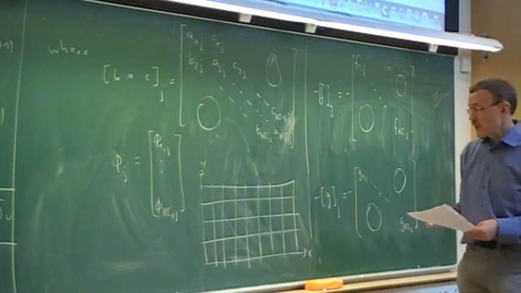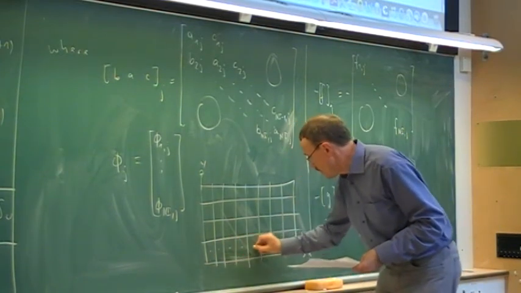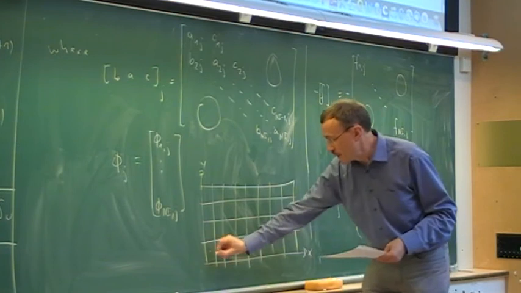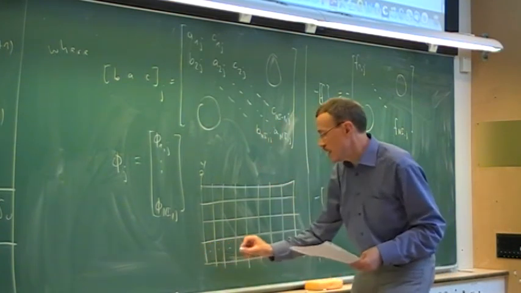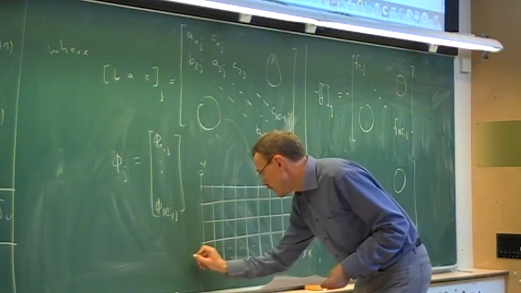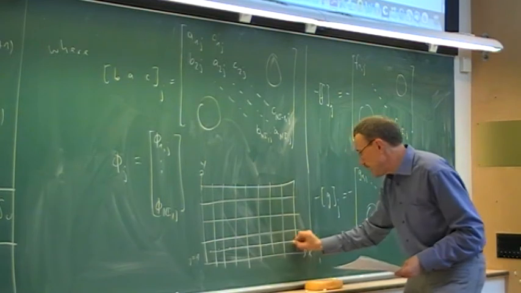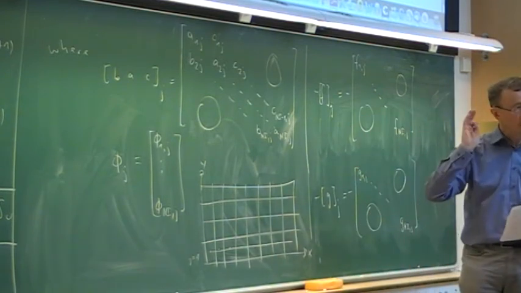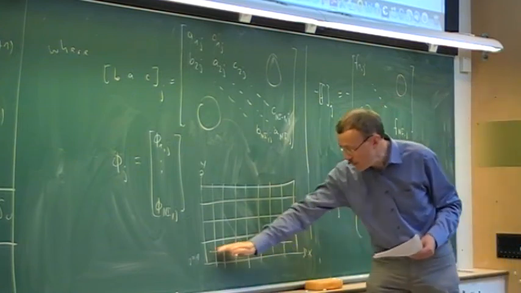So what we do is we first solve for our unknowns in the first row. That is, we have j equal to 1. So then we solve a linear system, a tridiagonal linear system here. So we apply the Thomas algorithm here.